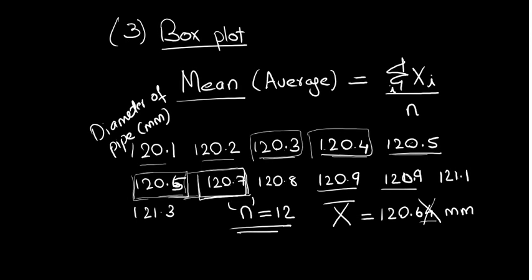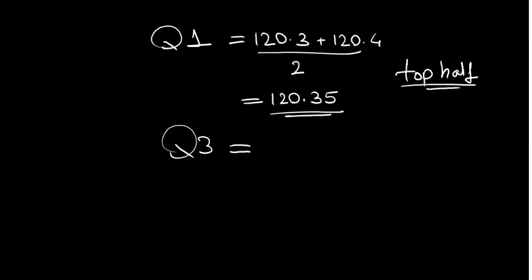The other half corresponds to 6 observations: 1, 2, 3, 4, 5, 6. Q3 is the average of these two observations, and in this case both are 120.9, so the average is also 120.9. So this is your Q3.